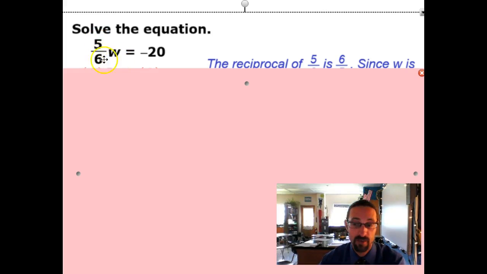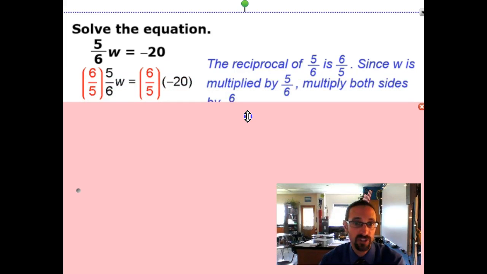5/6 of w, or 5/6 times a number w, is equal to -20. Well, rather than dividing both sides by 5/6, the reciprocal is 6/5. So I can multiply both sides by 6/5. And again, what I do to one side, I have to do to the other.